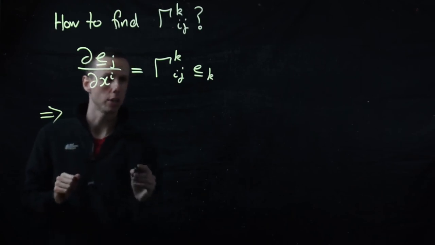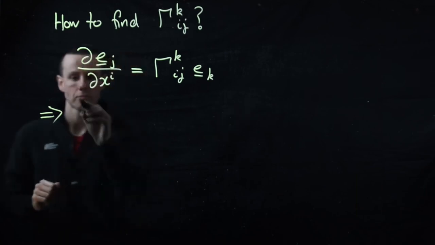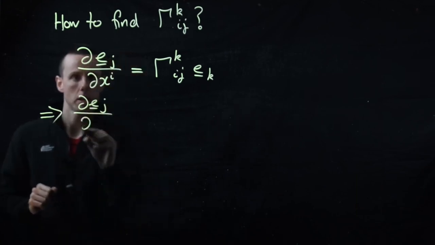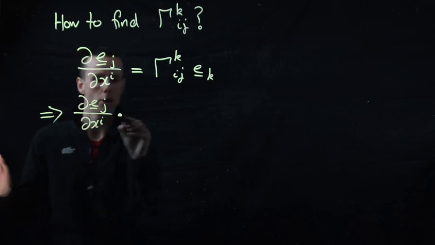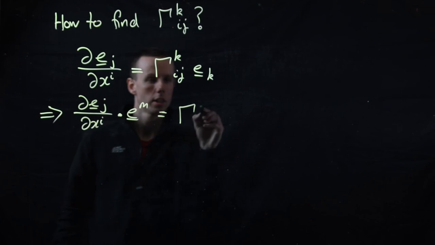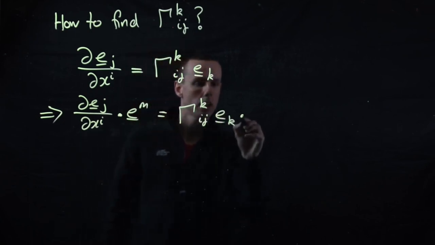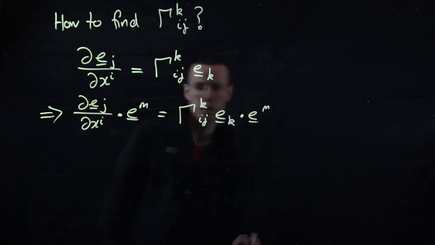Let's take a dot product with E^m. So de_j by dx^i dot E^m is equal to Gamma^k_ij e_k dot E^m.